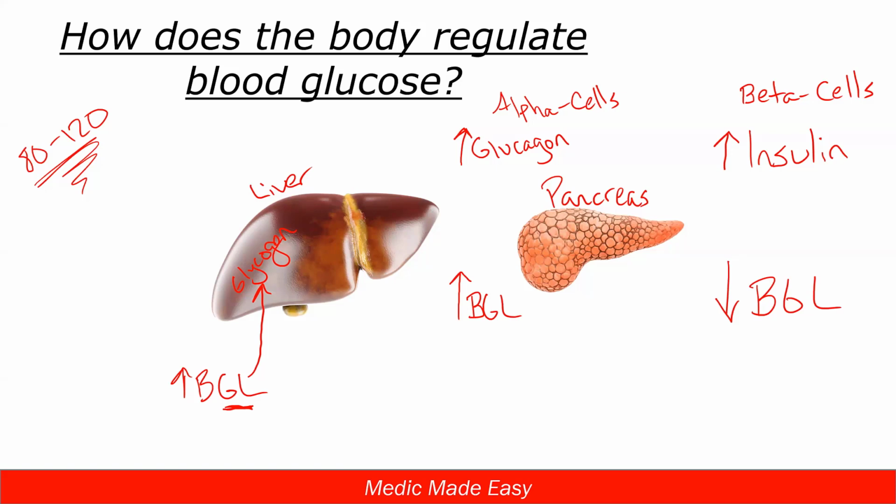So it restructures it into glycogen, and stores that glycogen in the liver. When we have a little bit of extra blood sugar, our body's like, you know what? I'm going to keep a little bit of that blood sugar, just in case there's an emergency situation later on, so that if my sugar starts dropping, I can use that sugar. I've got it in my system already. And so it stores it in the liver.